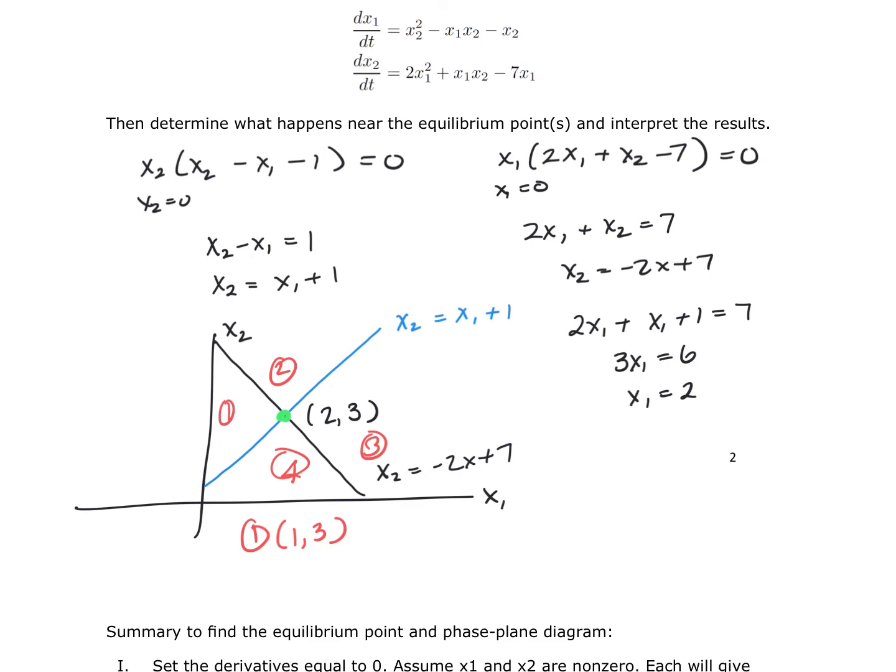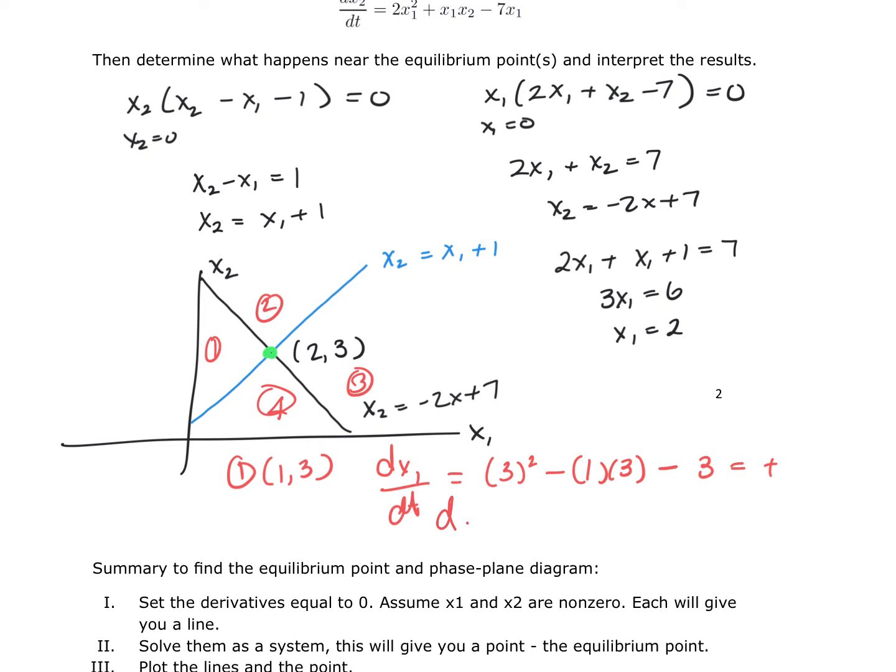And I put (1, 3) back into the dx sub 1 of dt. And so I get x sub 2 squared, so this is going to be 3 squared, minus 1 multiplied by 3, minus x sub 2, which is 3. And so I get this to be a positive number.